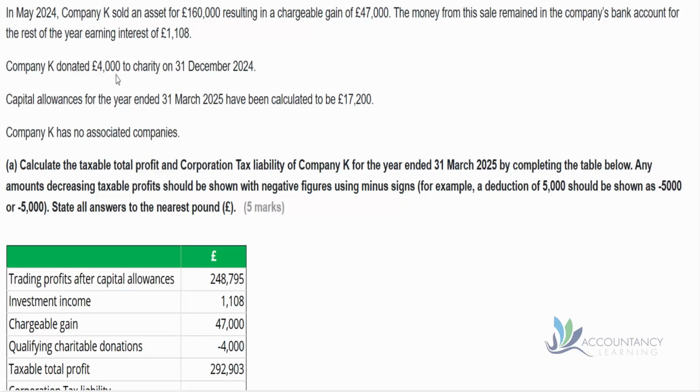We've dealt with the 4,000, and then the next bit of information: capital allowances for the year ended 31st of March have been calculated as 17,200. So what we want to do then is deduct that from our trading profits. If we take the 248,795, take away 17,200, that gives us a new figure here: 231,595.